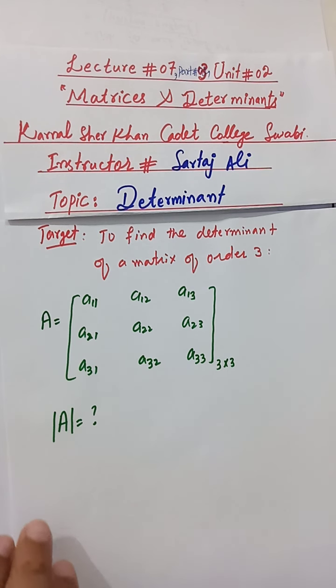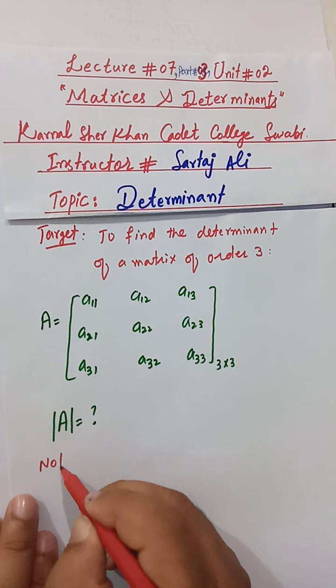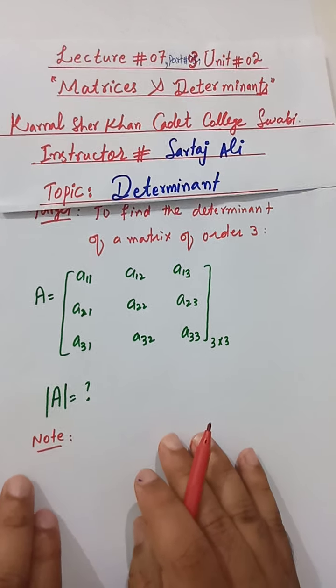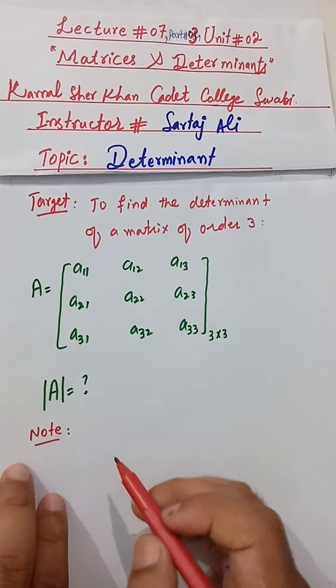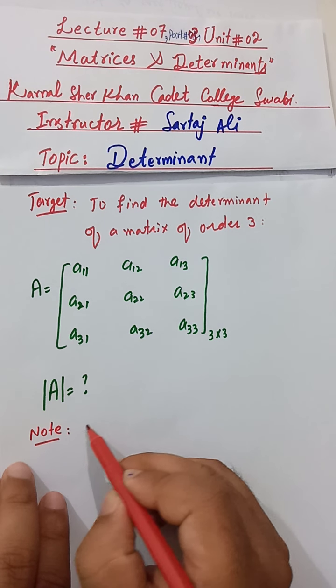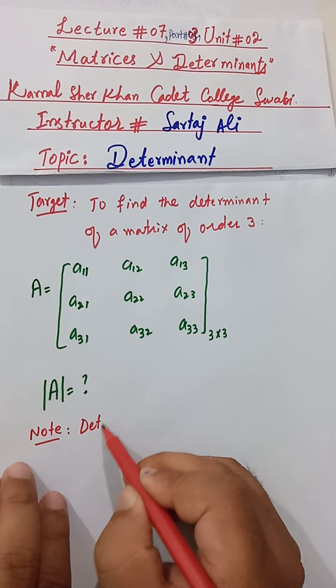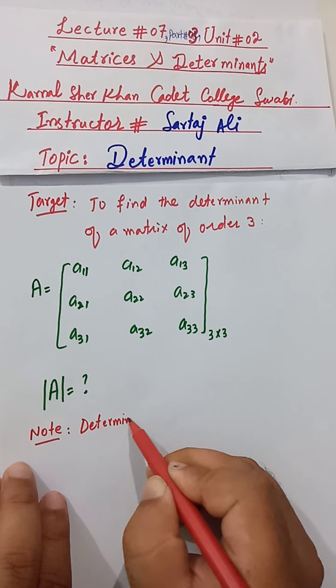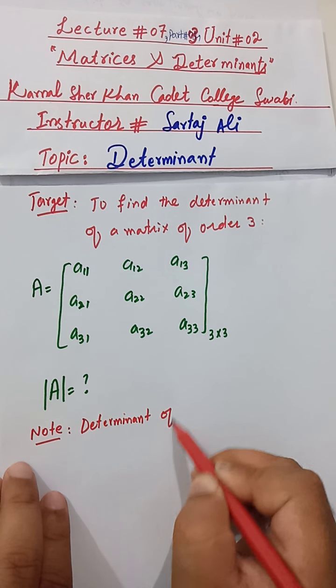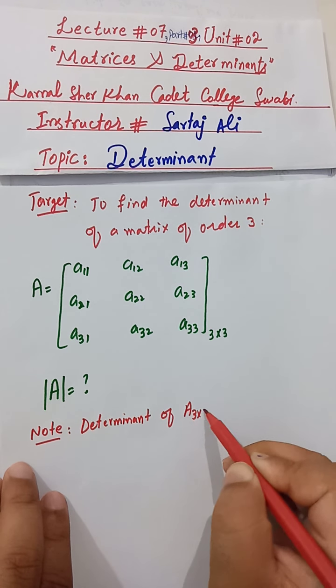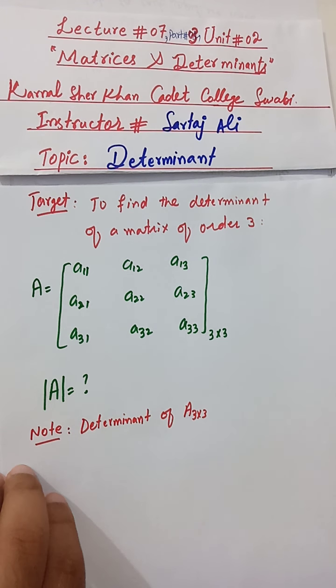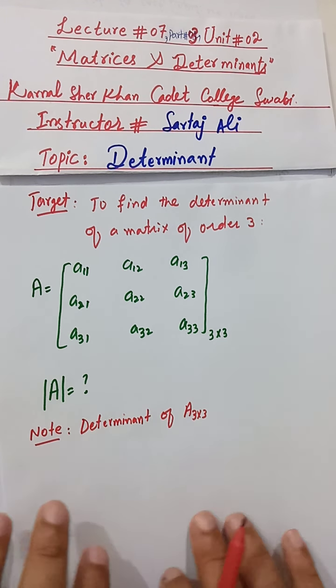Note this point: you can find the determinant of a matrix A having order 3 by 3, and if the order is greater than 3, this is still true. Those matrices also possess that property.